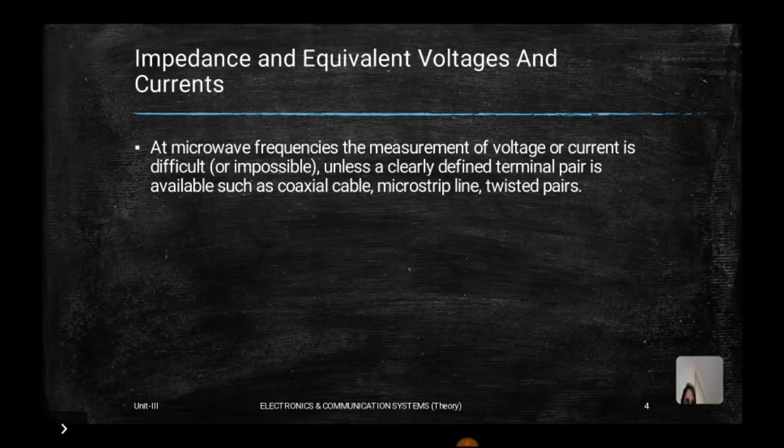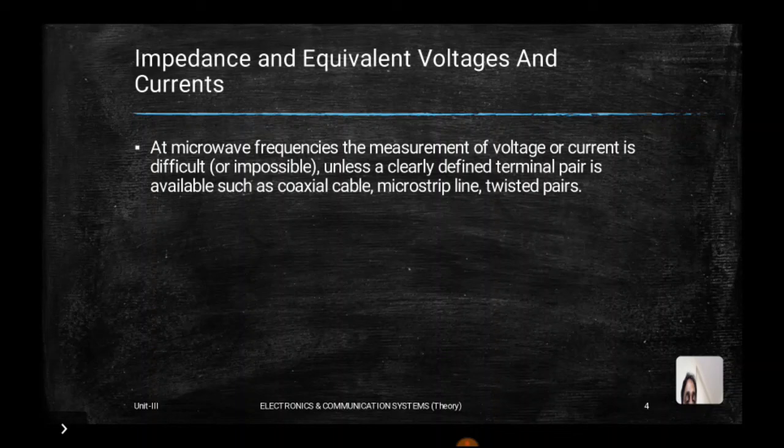Apply the field analysis concepts, electric field and magnetic field, and write the electric field as equivalent to the voltage, and the magnetic field H as equivalent to the current. Using that I can write the voltage and current, and from that I can find out the impedance and also the voltage and current flowing on the transmission line.